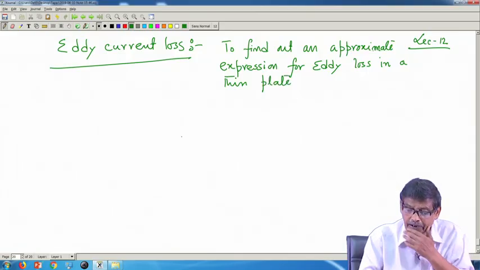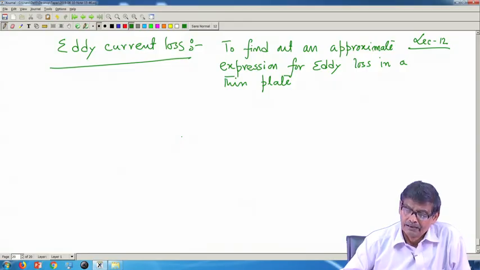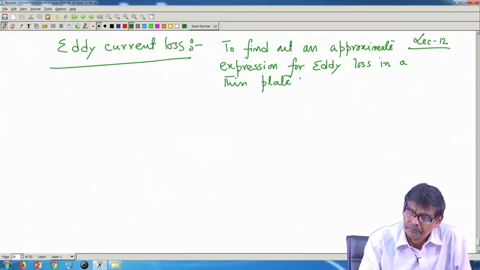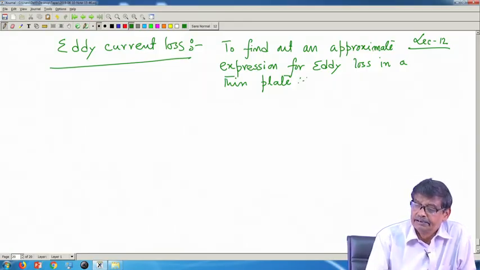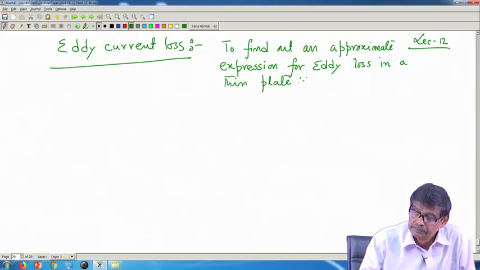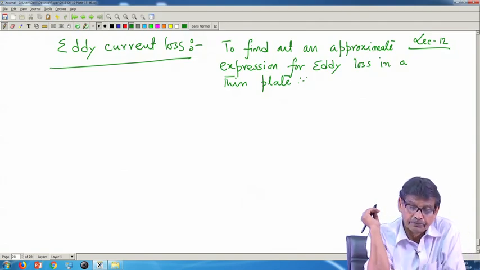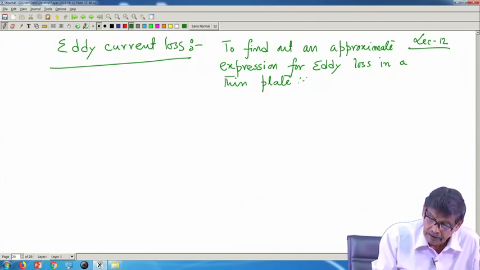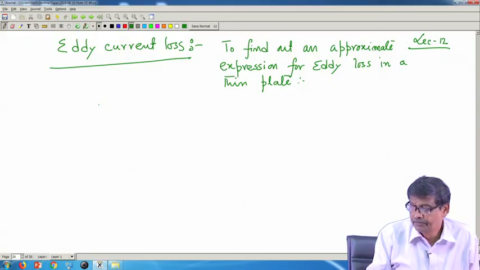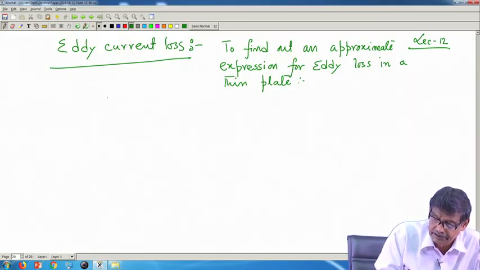So, if in one plate I can find out, for all other plates it will be the same. So, this is the thing I am trying to get. Acha. To do this, what we will be doing? We have to do a little bit of mathematics, but that is very simple, no field equation, nothing.